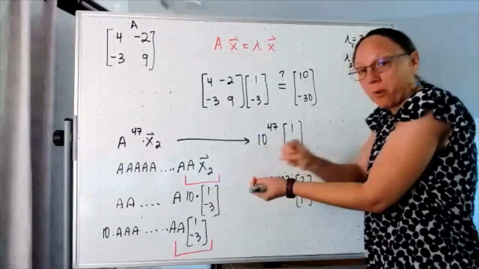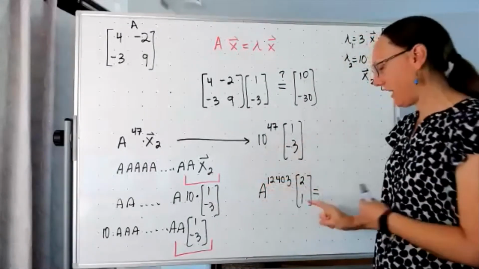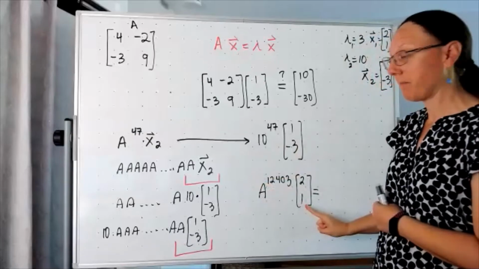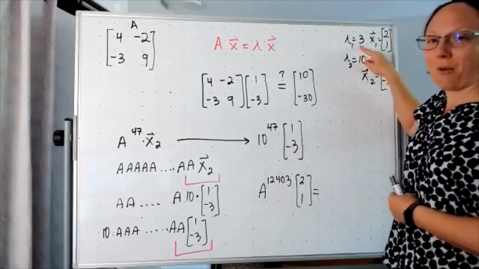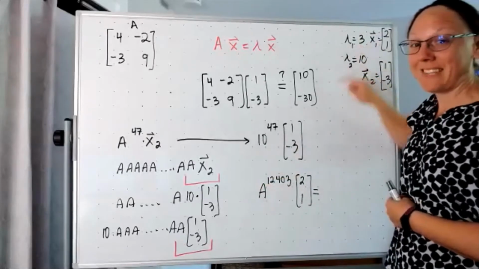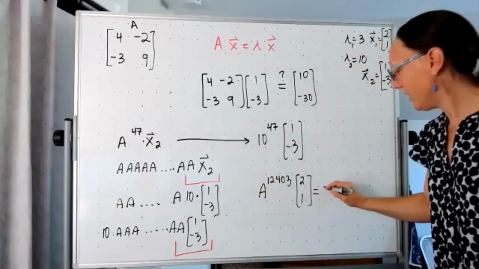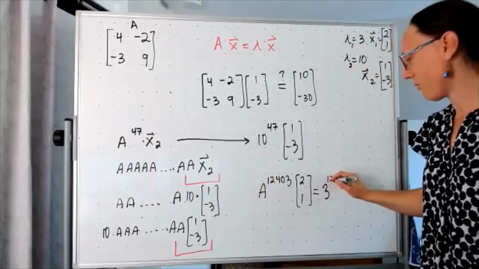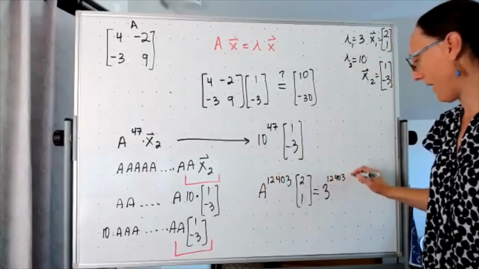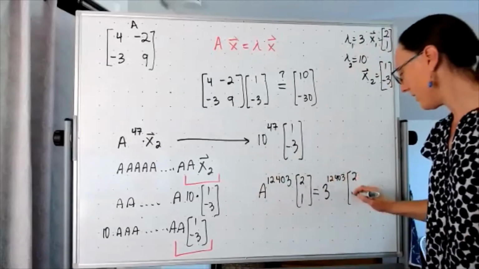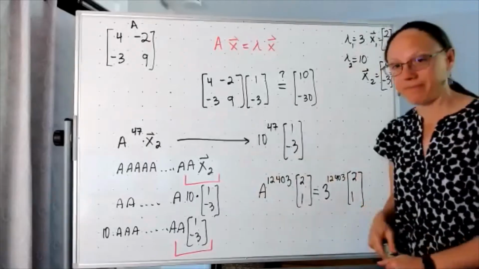Each time I pull off one of those A's and multiply it by my eigenvector, out pops a 3. So this thing would turn into 3 raised to the 12,403rd power times 2, 1.